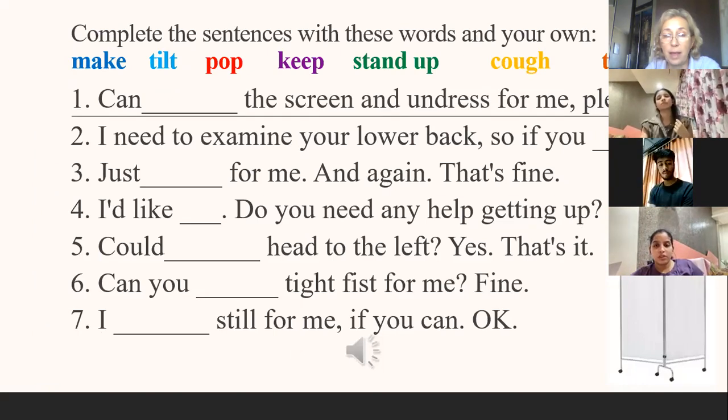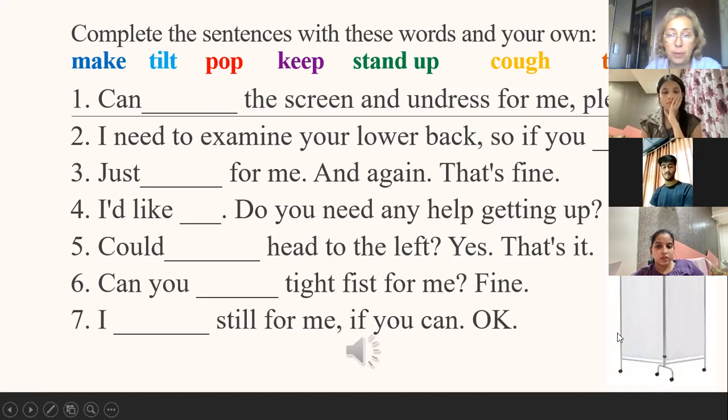So we understand what kind of phrases we should use in the conversation to a patient, and here are the sentences with the gaps, and we should complete them with the colored words which are given here. Make, tilt, pop, keep, stand up, cough, turn. Tilt is like bend.